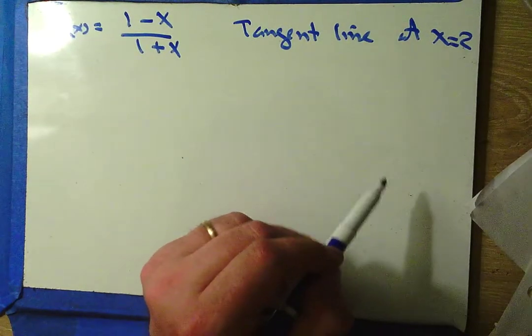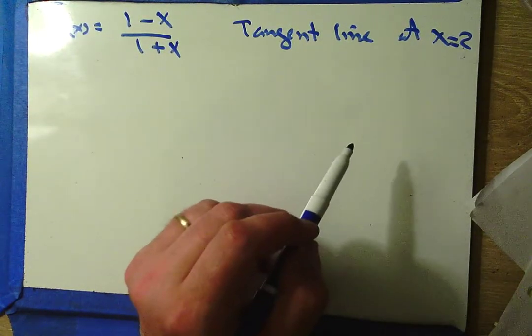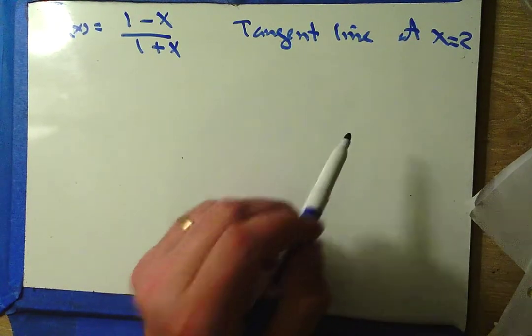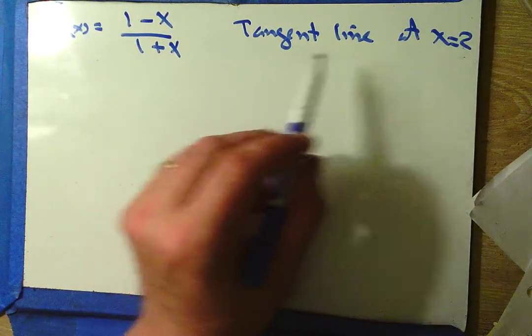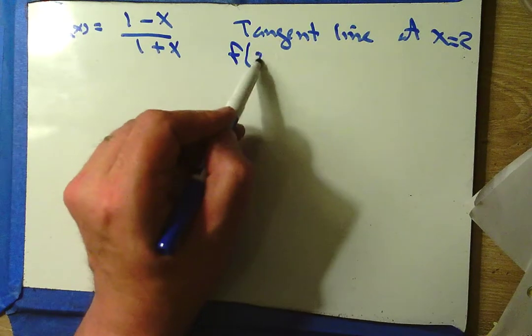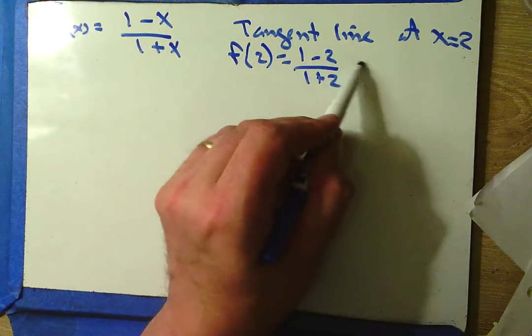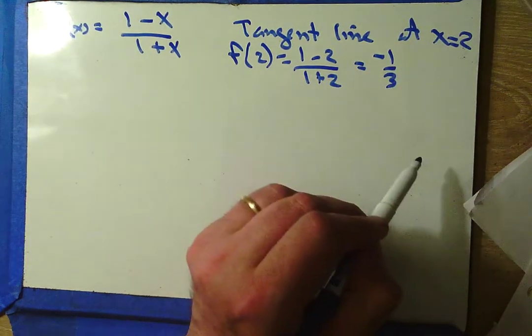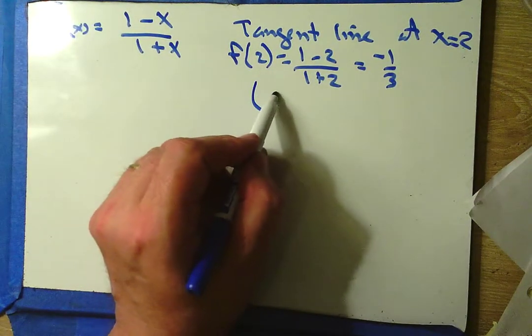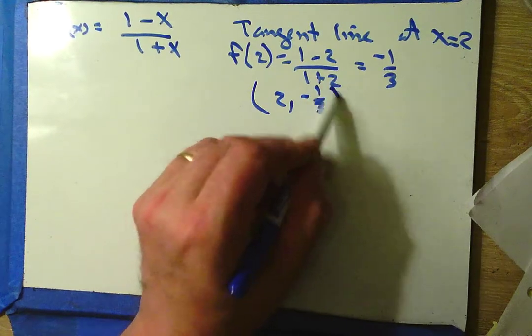Well, Riley will tell you that in order to find the equation of a tangent line, you need a point and a slope. And to find the point, I need to plug that x value in. 1 minus 2 over 1 plus 2, and I get negative 1/3. So we have the ordered pair 2, negative 1/3.